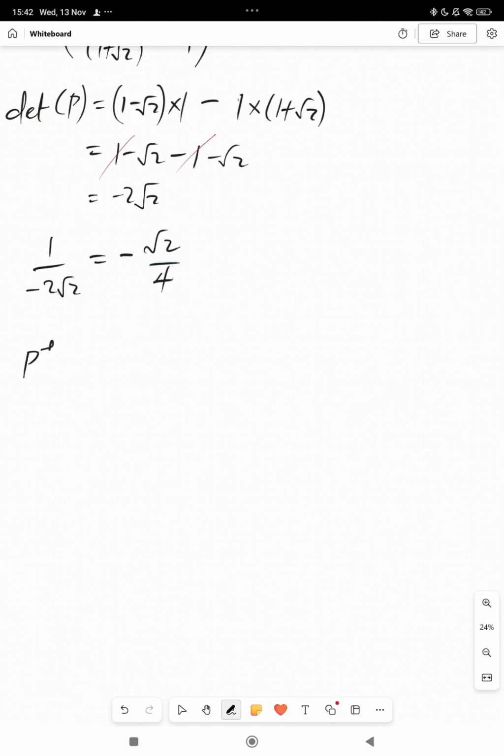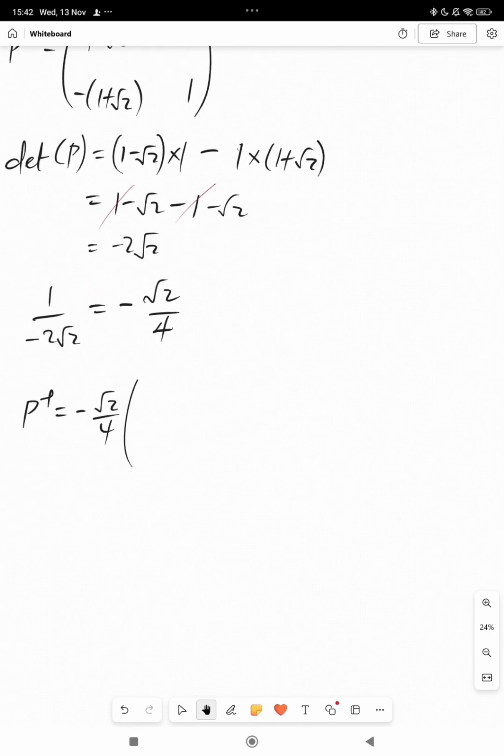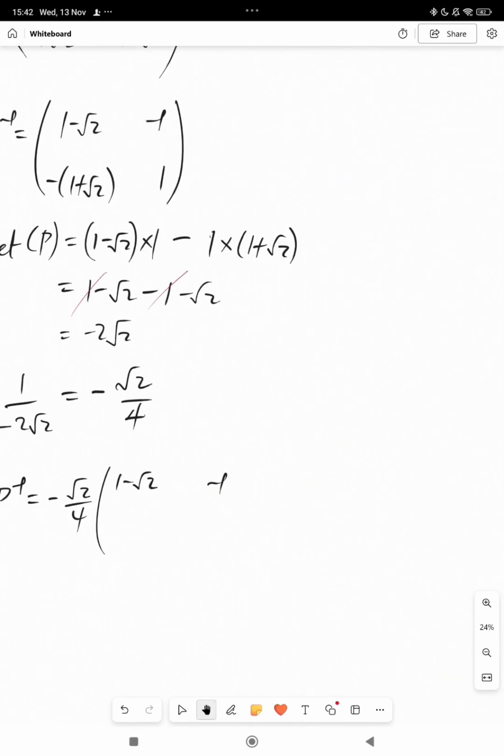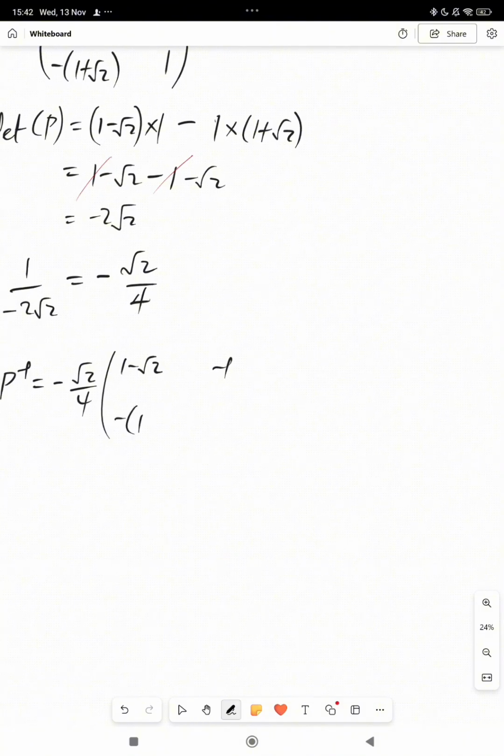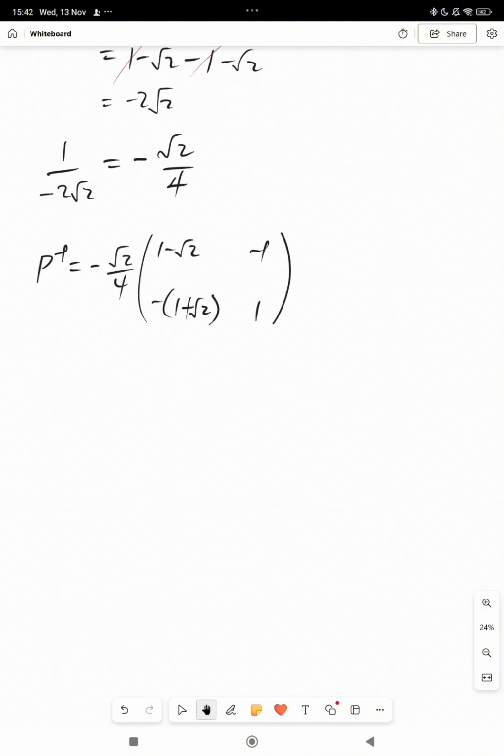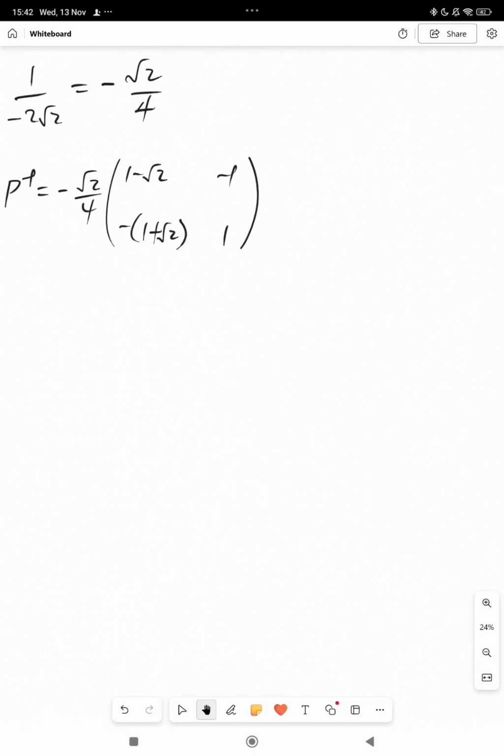So our P inverse is given by minus root 2 over 4 multiplying 1 minus root 2, minus 1, minus 1 plus root 2 and 1. So these are P inverse. So we found our eigenvalues, our eigenvectors, and our P inverse.